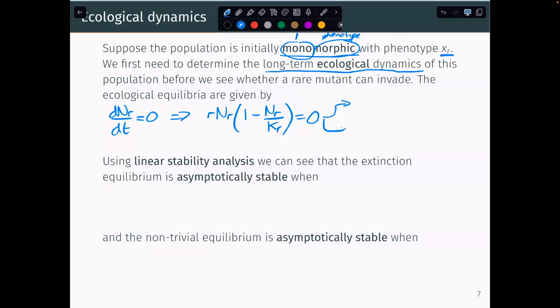This then means that either NR has to equal 0 or NR has to equal KR. So when NR is equal to 0, the population is extinct. When NR is equal to KR, it's at its carrying capacity.